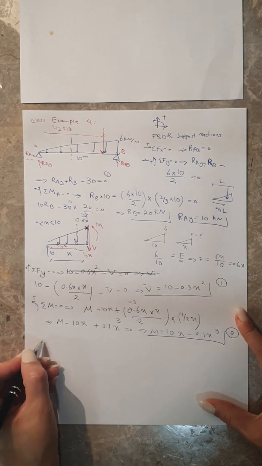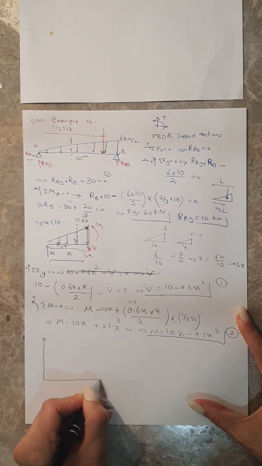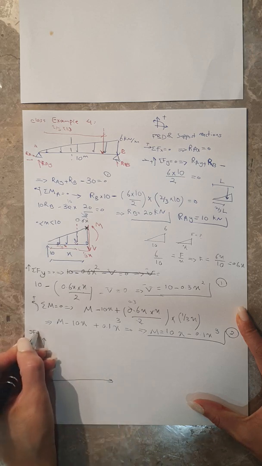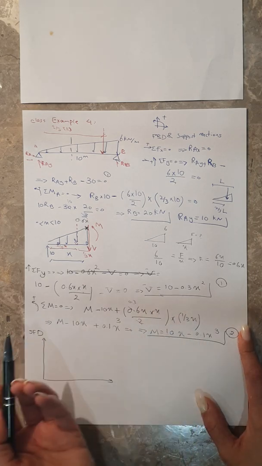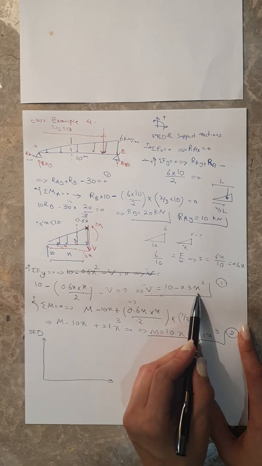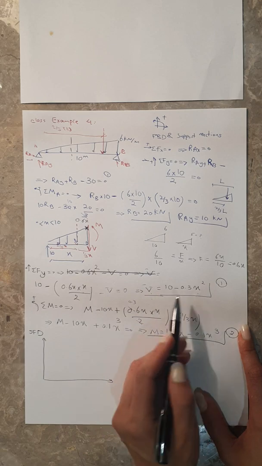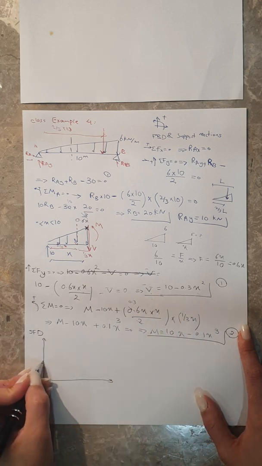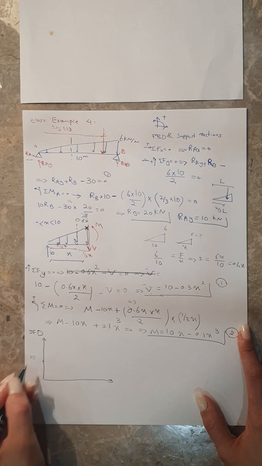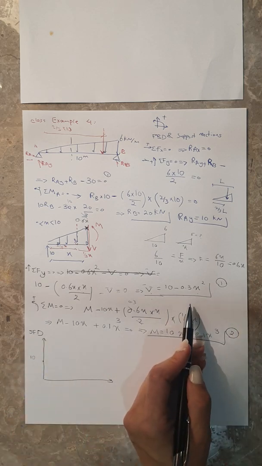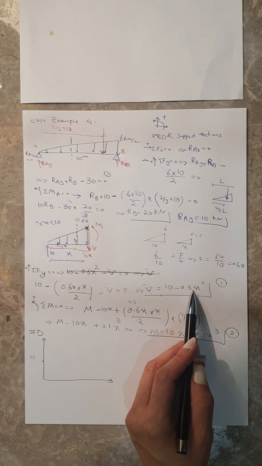Now, easy, I want to draw the shear force diagram. I only have one equation, therefore I just put the value of x equal to 0, then it would be 10. And then I put the value of x equal to 10.